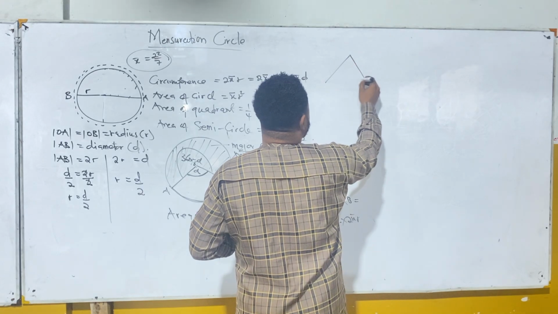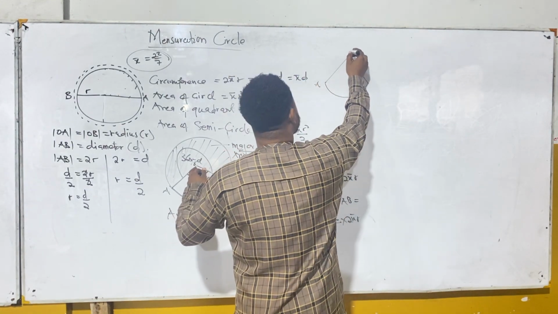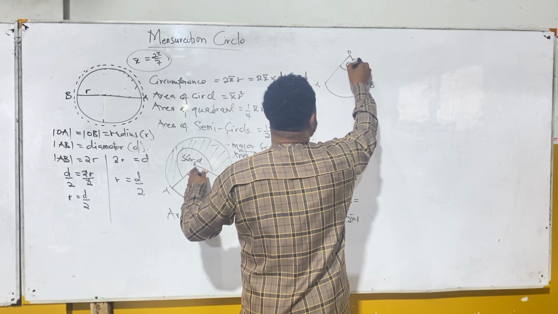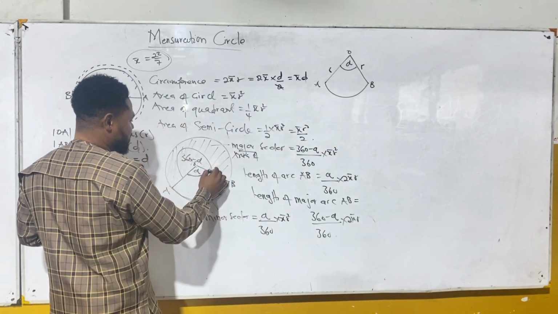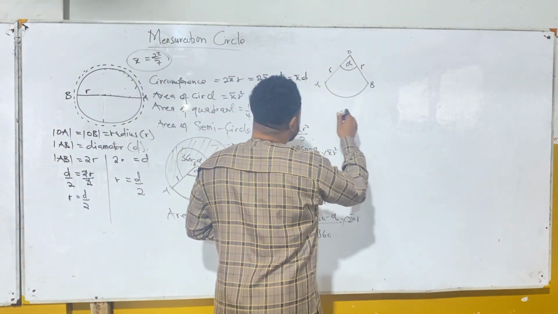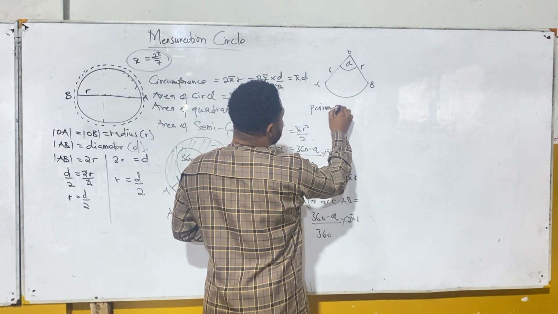Now, if we take this sector out, that is the minor sector, as we can see here, this is A, this is O, this is B. Our angle here is alpha, and these are the radii.